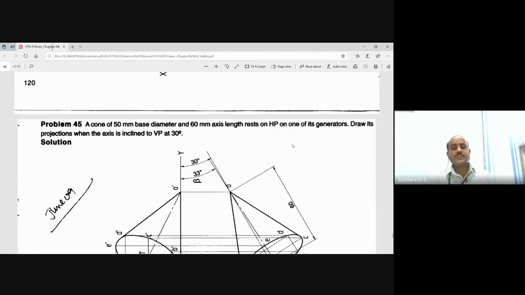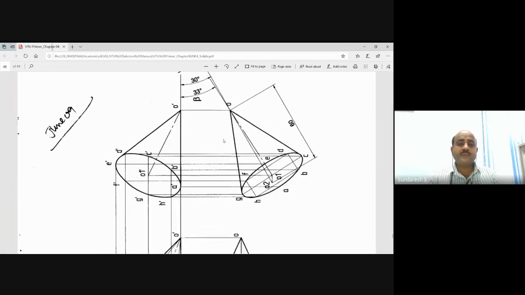Draw its projections when the axis is inclined to VP at 30 degrees.